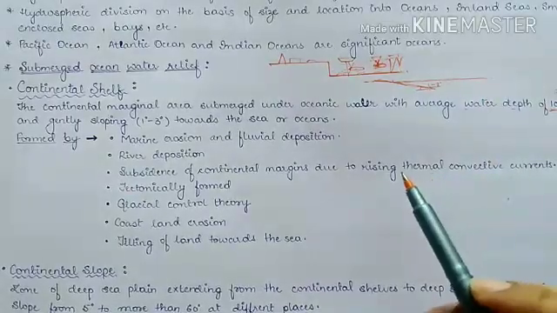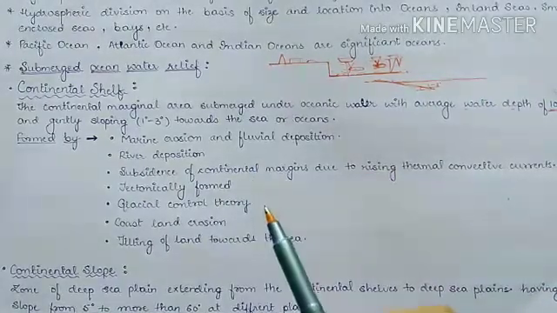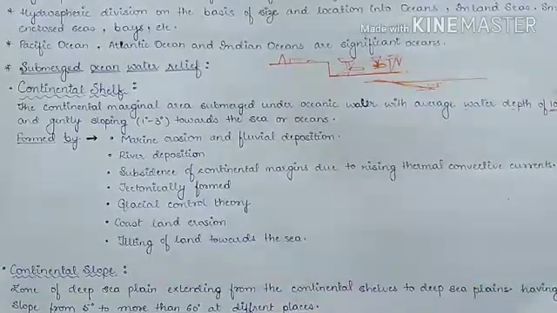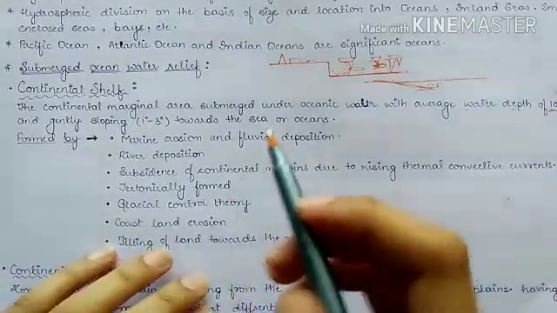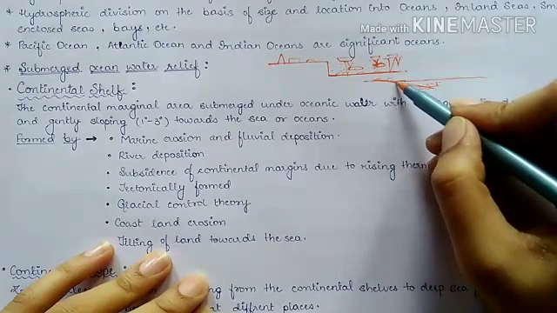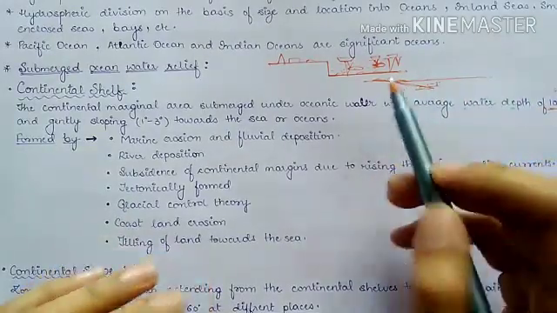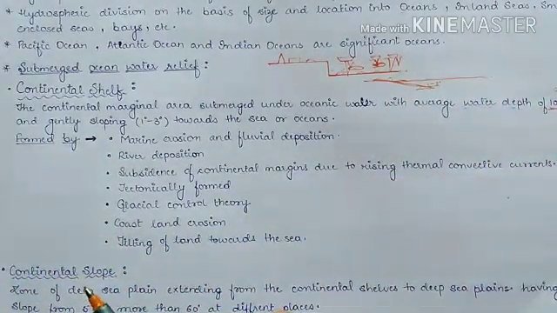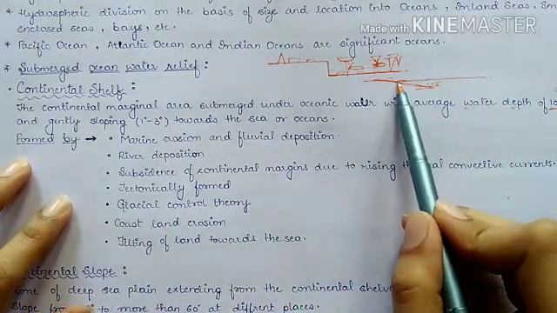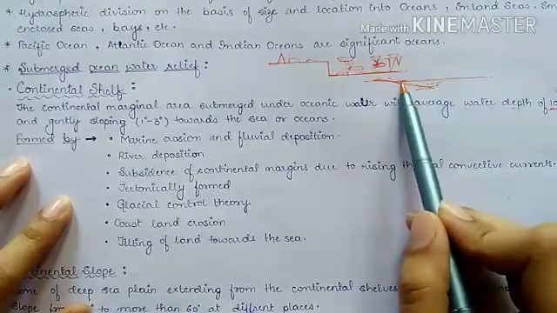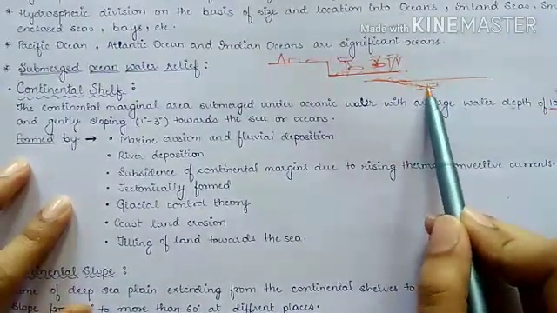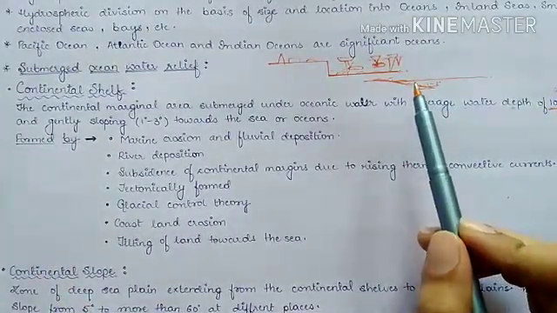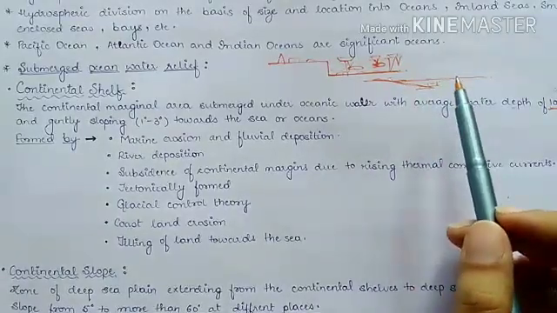Now the marine waves and currents erode the continental margin. So continental margins are eroded by marine waves, and the deposits which they receive are collected and sedimented in this area, near the continental shelf.